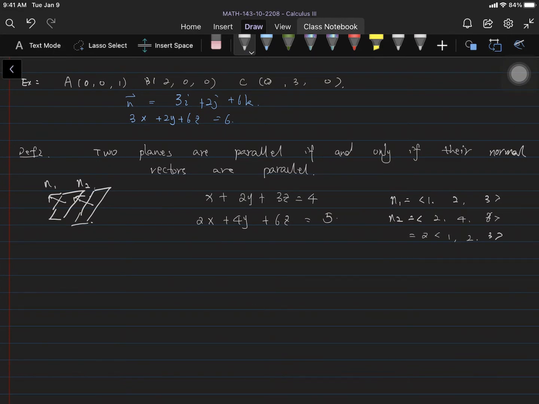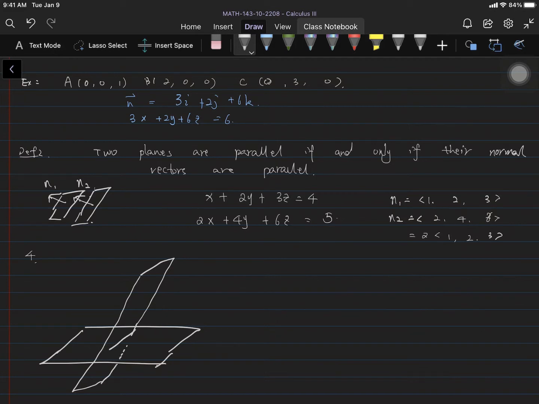Next we are going to do the line of intersection. If we have two planes and they intersect each other, there is an intersection. In 2D, if we have two lines, L1 and L2, they intersect at a point.